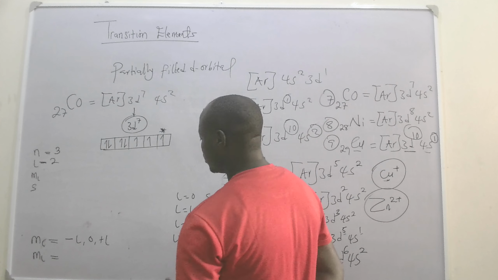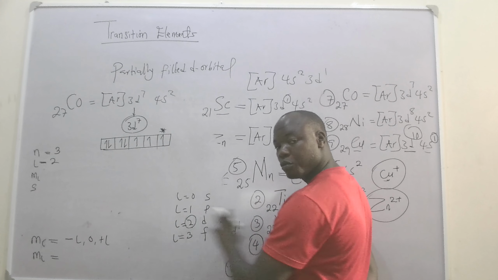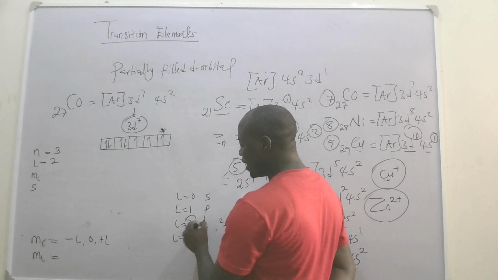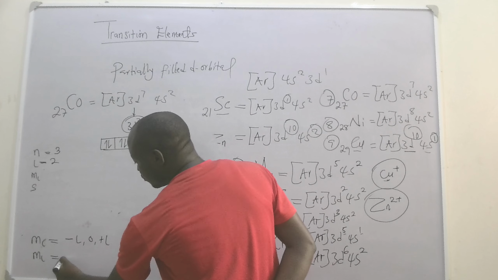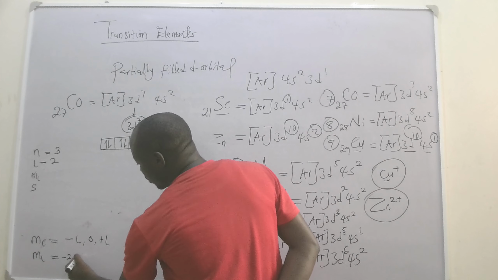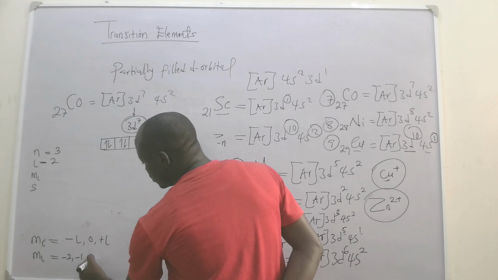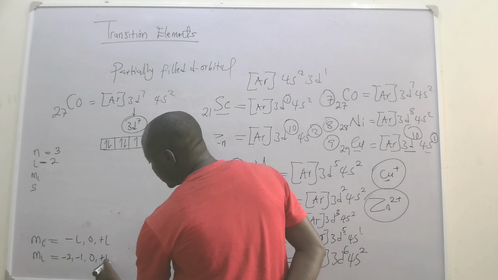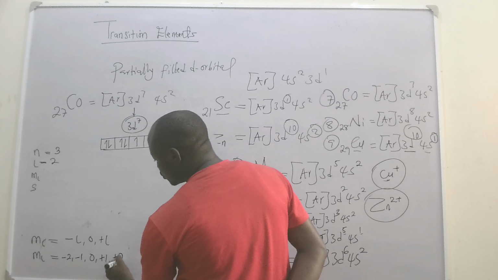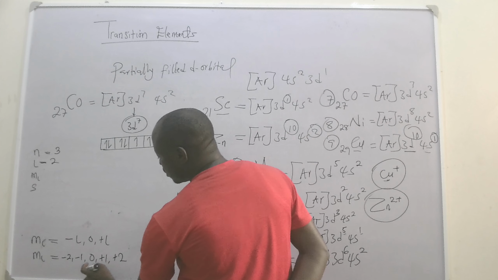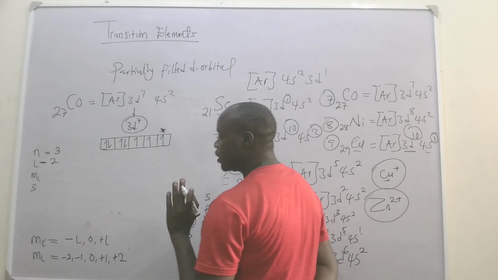So let's write the range of values of the magnetic quantum number when L is 2. It starts from -2, -1, 0, +1, and then +2. So you have 1, 2, 3, 4, 5. We have 5 different options.